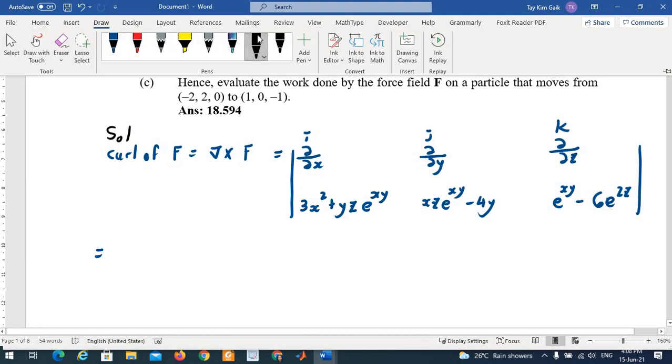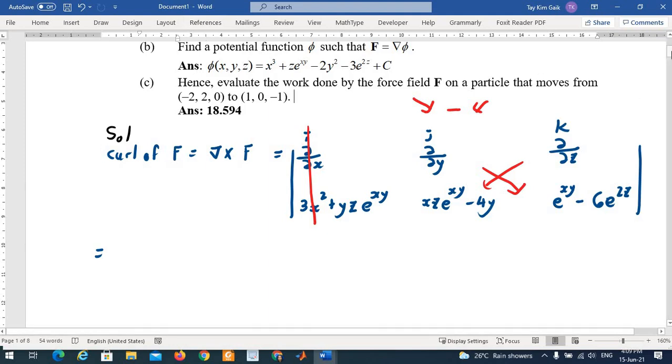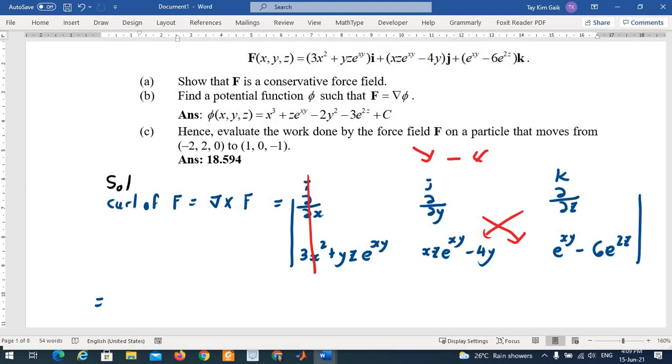The curl of F is a vector. To get component i, you cross out the component i here, then you are left with the determinant of a 2 by 2 matrix. Take the main diagonal, which is del y of e^(xy) minus 6e^(2z), minus del z of xz e^(xy) minus 4y. Make sure you check it.